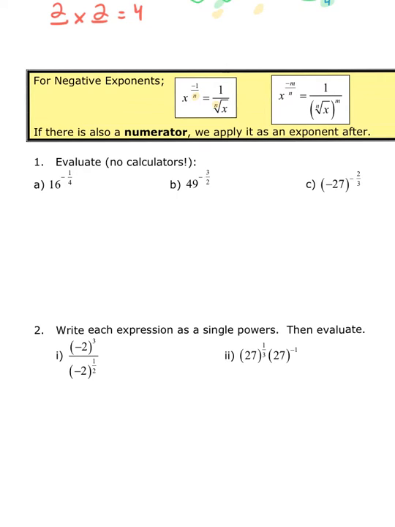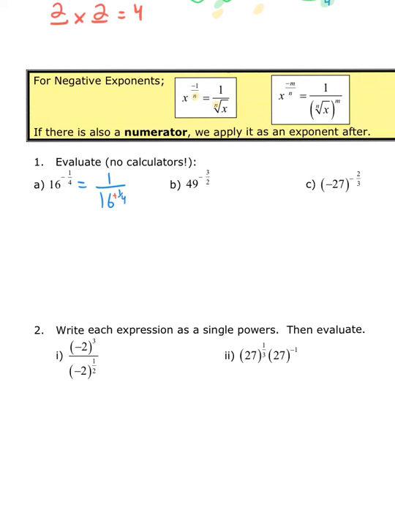For the first one, we have base 16 to the negative 1 over 4. I'm going to write that as 1 over 16 to the 1 over 4. So our negative exponent now becomes positive. Then I'm going to apply the rules of rational exponents, just like we did previously in this video, but now it's all going to happen in the denominator instead of in the numerator.